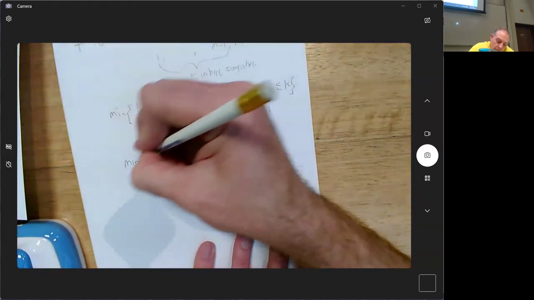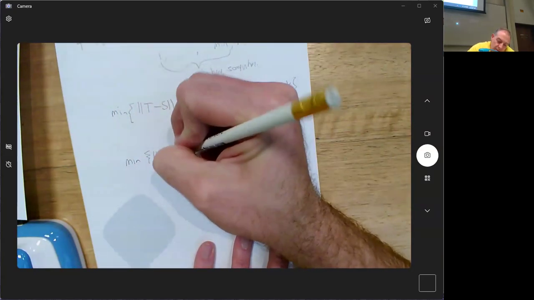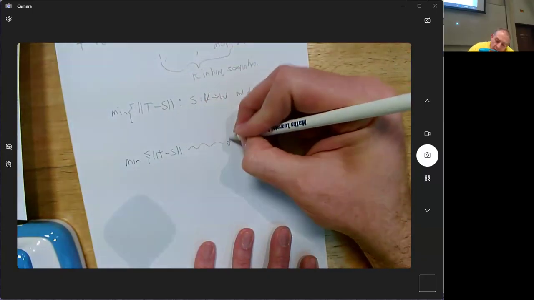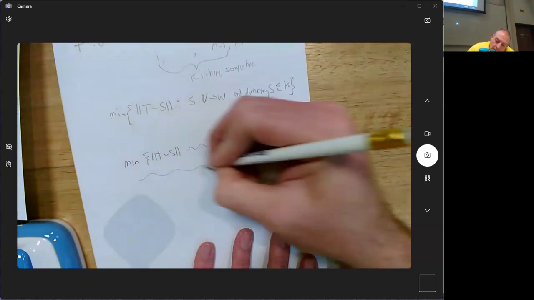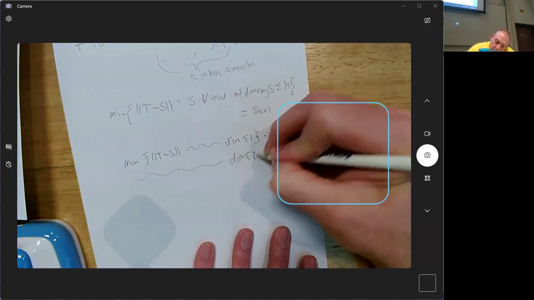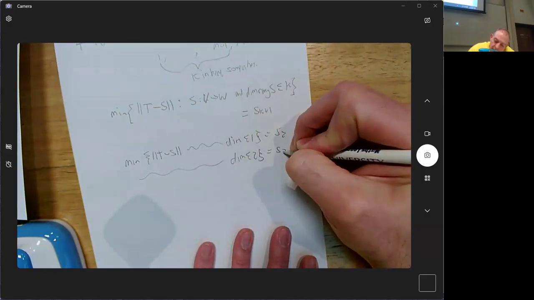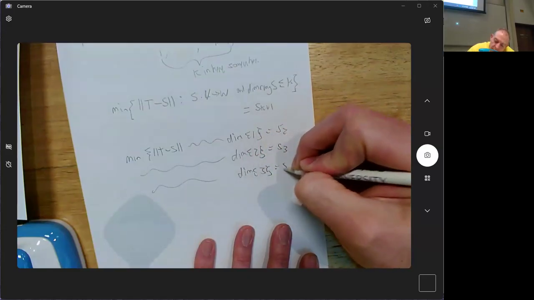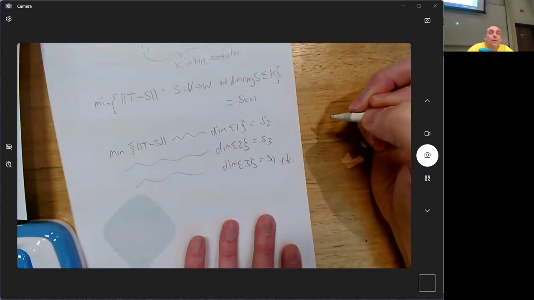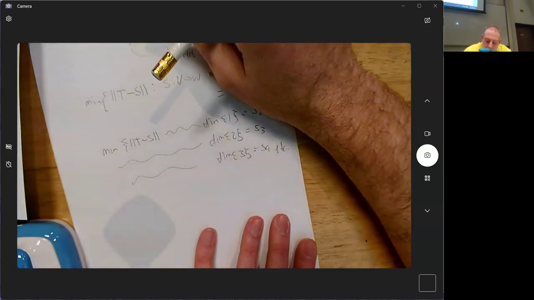With dimension less than or equal to 2 it is s3, with dimension less than or equal to 3 it is s4, etc. Okay.